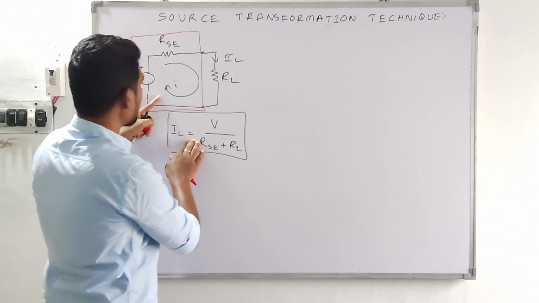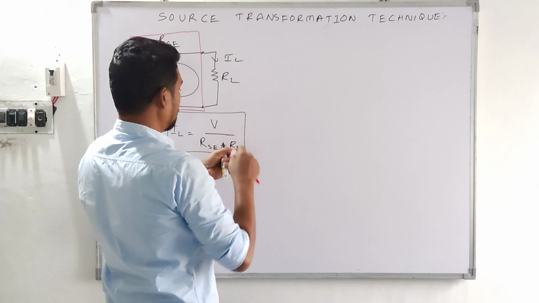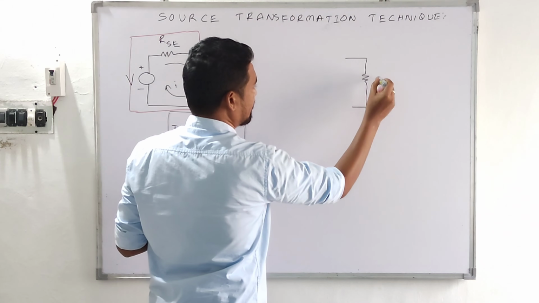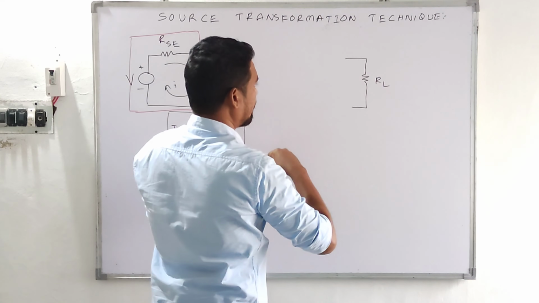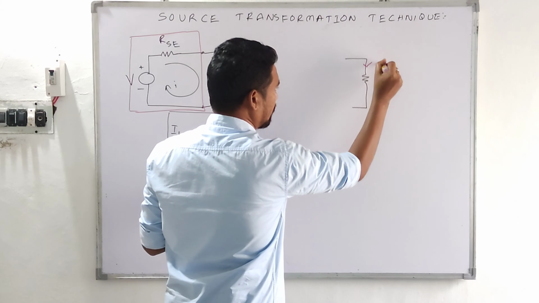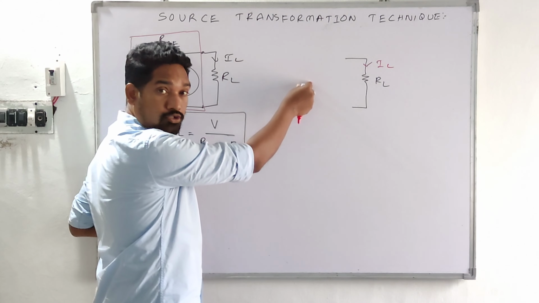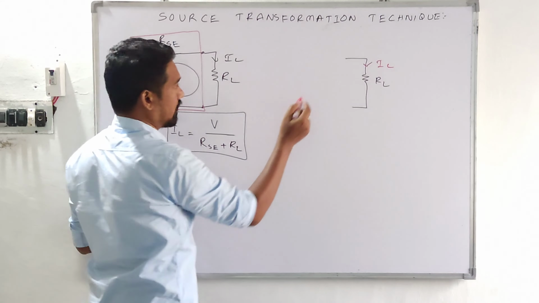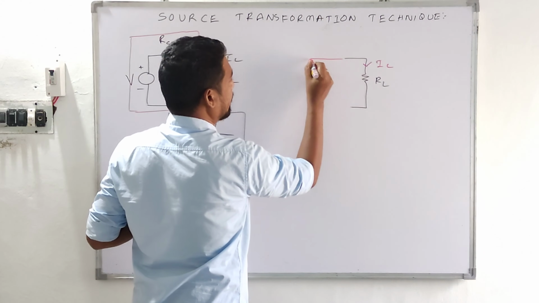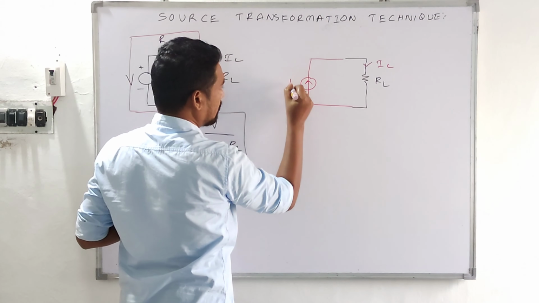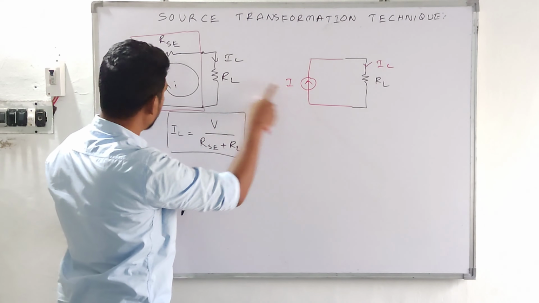So this is the one. And what did I say? The load resistance RL stays as it is, and the same amount of load current should be flowing. Then the question is what value of current source should be plugged in over here. So we can have that current source, and we need to express it in terms of these values.